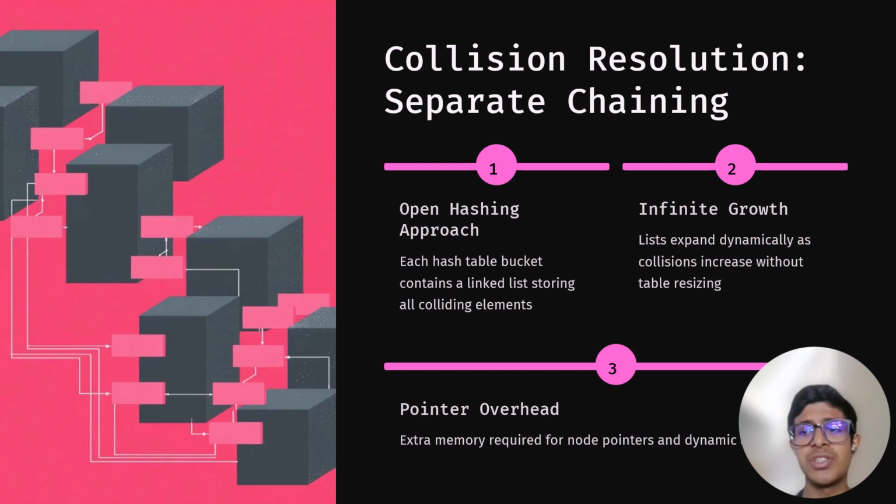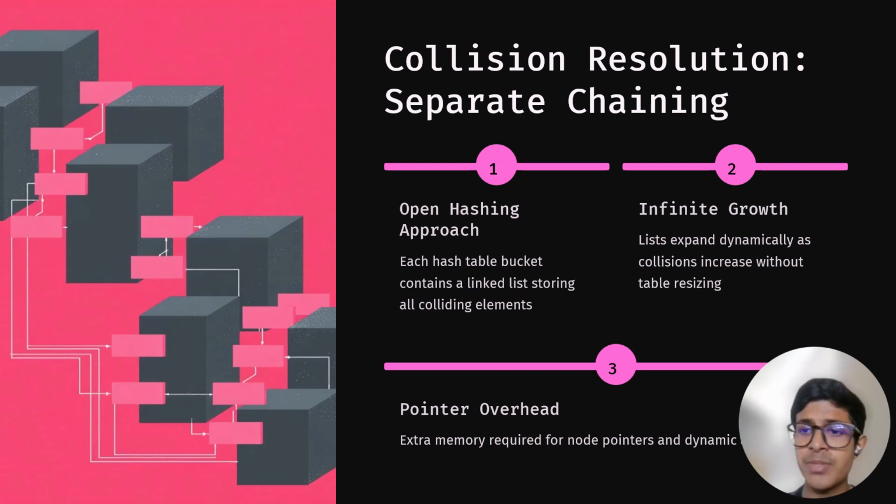When we encounter a collision, the first strategy we can use is separate chaining, which is often referred to as the open hashing approach. In this method, the hash table doesn't just store a single data point in each slot. Instead, each bucket contains a linked list that stores all elements that collide at a specific index. This approach has distinct characteristics we should know.